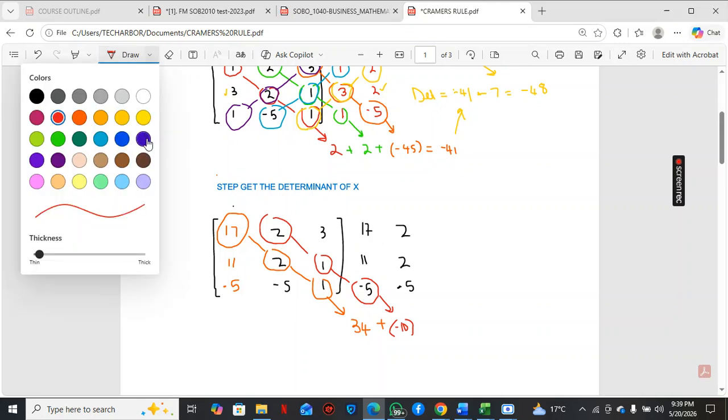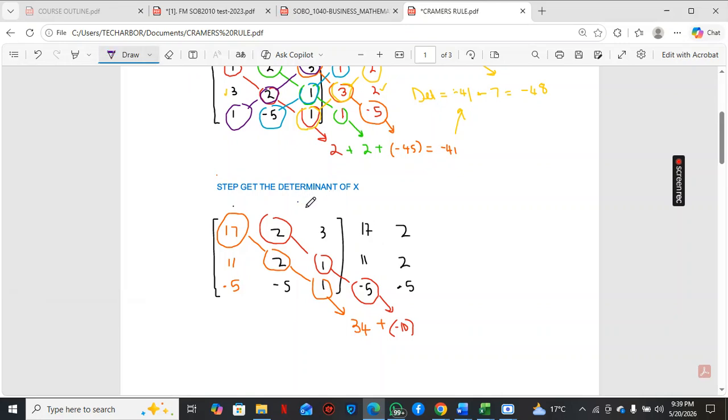Then we have 3 times 11, that is 33, 33 times negative 5, we get negative 165.